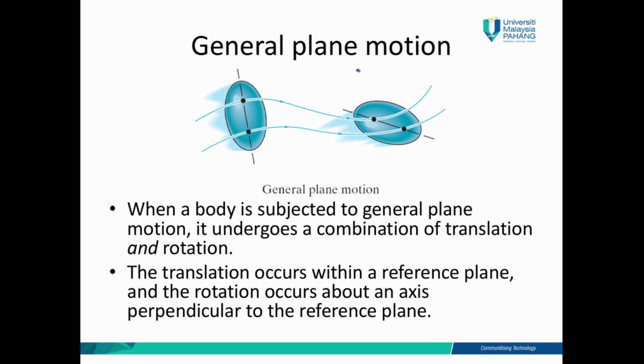So the rotation will happen at this angle around this axis of rotation. This is what we call perpendicular. If we look at the slide from the side, this will be your axis of rotation, so it is a perpendicular angle.